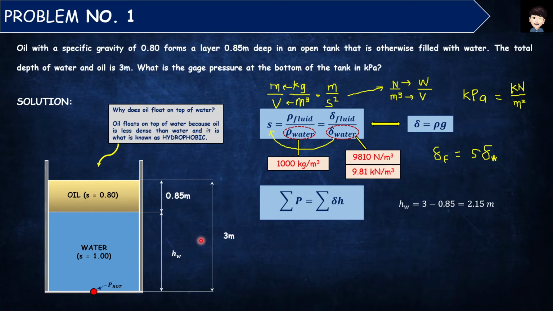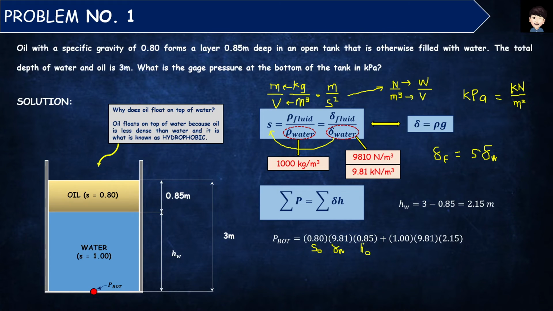So let's now solve the gauge pressure at the bottom. So ito na yan. Pressure at the bottom is equal to 0.80. Okay, magsisimula tayo sa taas ng oil, pababa. Okay, 0.80, ito yung specific gravity ng oil, SO, times 9.81 yung gamma of water, at yung corresponding height na 0.85.